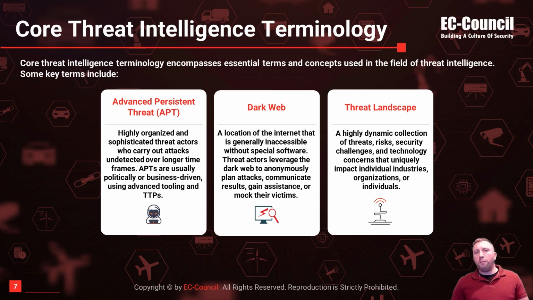The dark web must usually be accessed via special software like a Tor browser, and it's typically a portion of the internet that the general populace has no interaction or knowledge of. Cyber threat actors may also use the dark web to taunt their victims, to communicate as they progress through an attack, and for many other nefarious purposes.